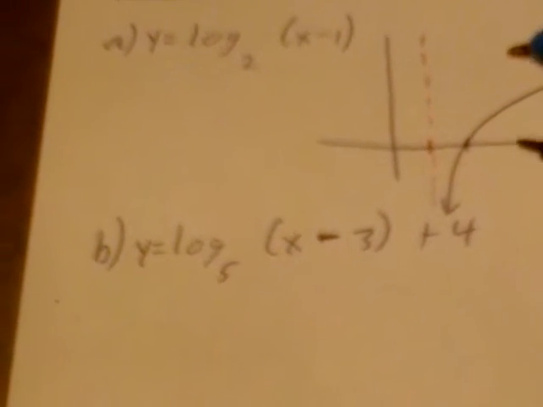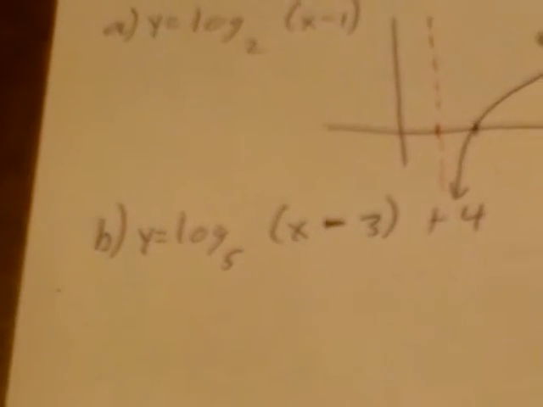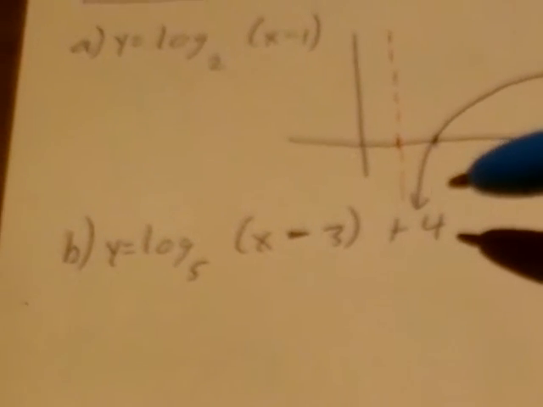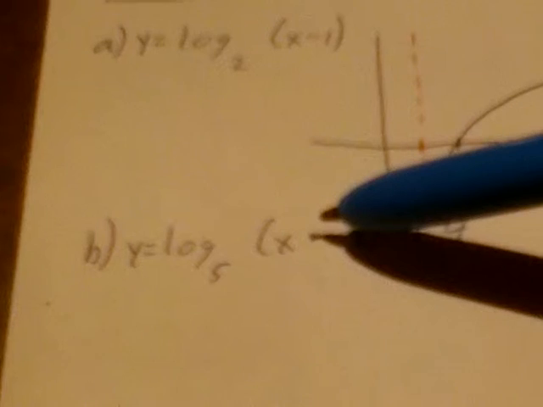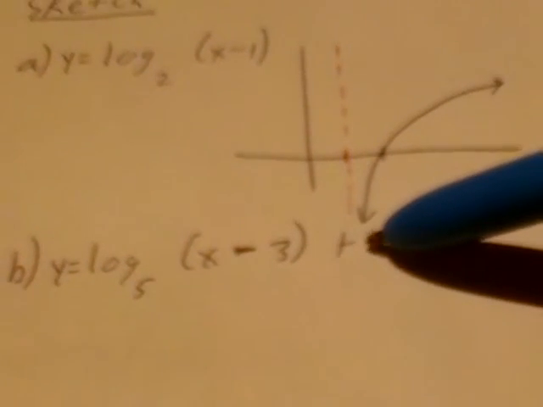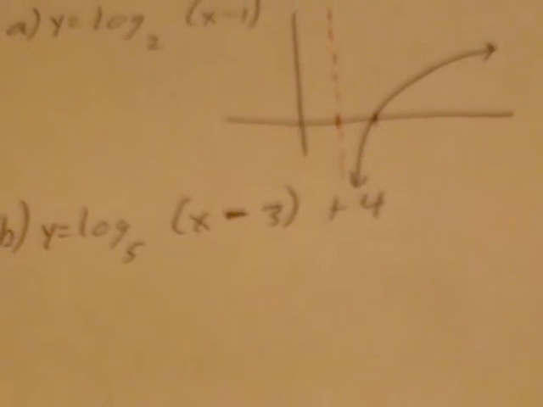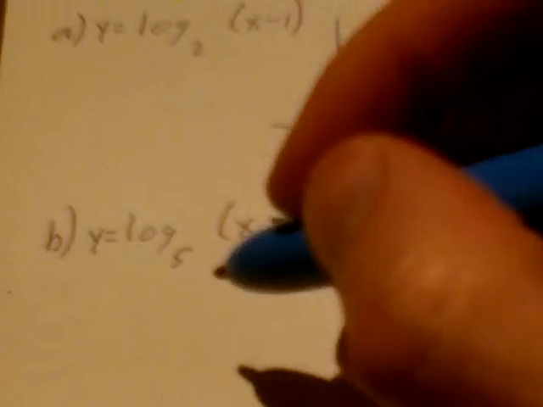We're just making rough sketches. So we are going to make our sketch of log base 5 of x minus 3, plus 4. So we're going to move to the right 3. Remember, we want to make that 0. And we're going to move up 4. So we're going to move both of our axes. We're going to move to the right 3 and up 4.